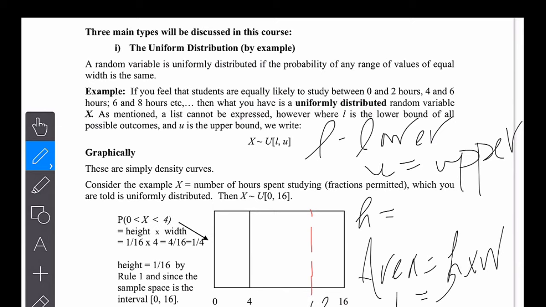So what is the height? How do you calculate the width? You will always calculate the width using the upper and lower limits of whatever space is of interest. In this case, I'm interested in the whole thing, right? From 0 to 16, the whole width. So the width is 16.